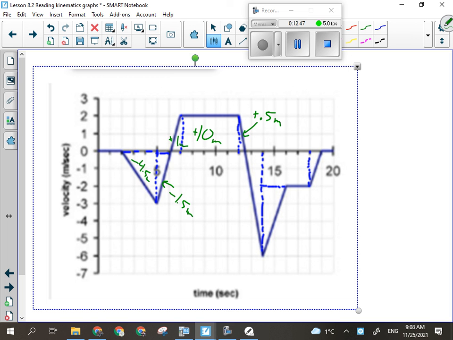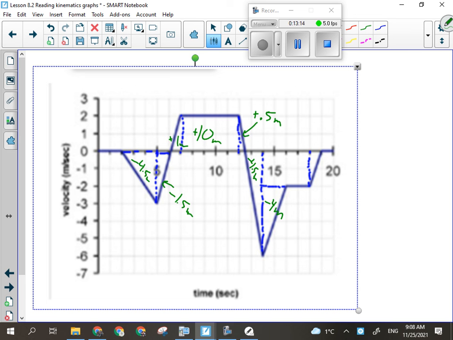Then we've got this really tall triangle that has a height of -6 and a base of 1.5, so that's -9 divided by 2 is -4.5. Then we've got this triangle here that has a height of -4, because it goes from -2 to -6, and a base of 2, so that's -8 divided by 2, -4 meters.